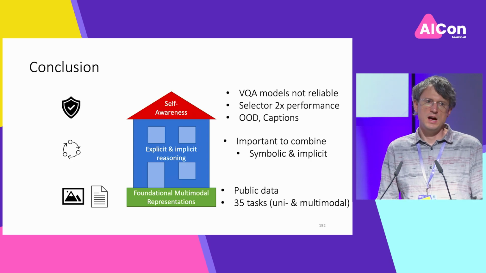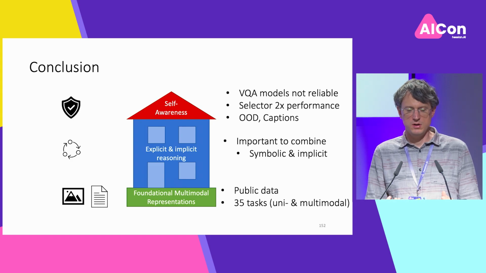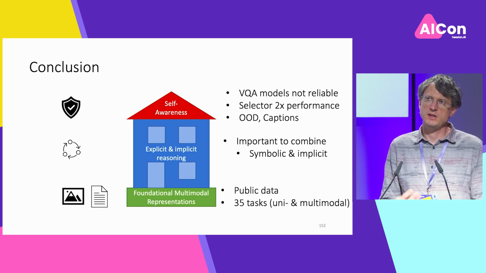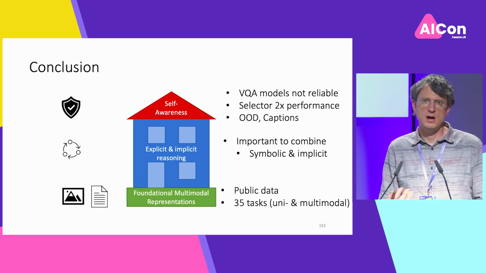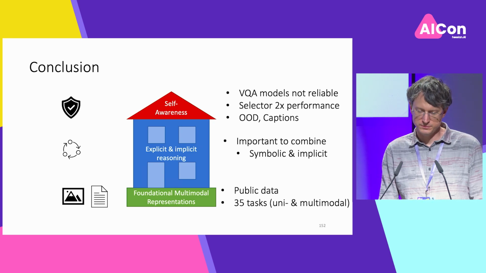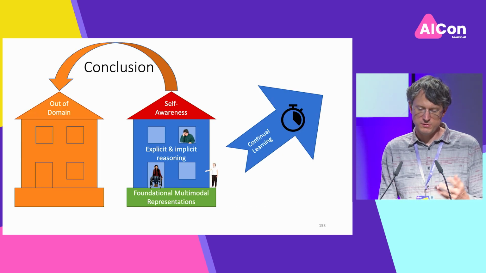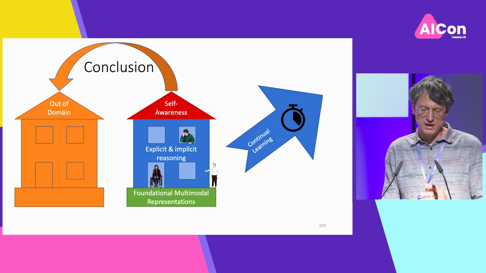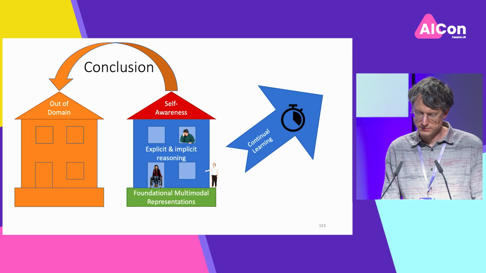And we looked at how to make models reliable or self-aware by using a selector. But overall, it's a big challenge, especially if you have any out-of-distribution data in our scenario. And there are lots of diverse challenges ahead in out-of-domain and continual learning.